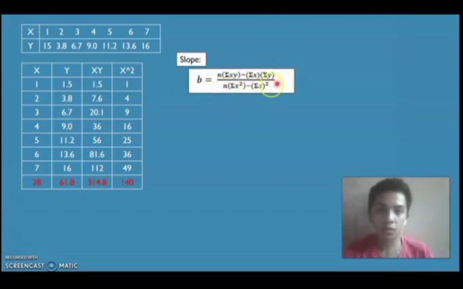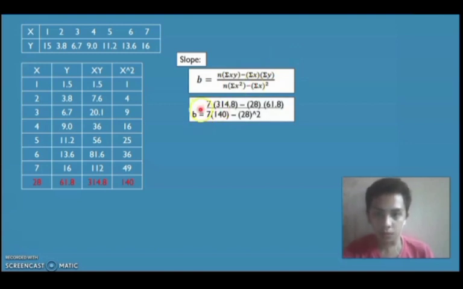This is the formula we are going to use. For b, n is 7, which is the number of data sets, 1, 2, 3, 4, 5, 6, 7, and the sum of xy, which is 314.8, subtract the sum of x and the sum of y.